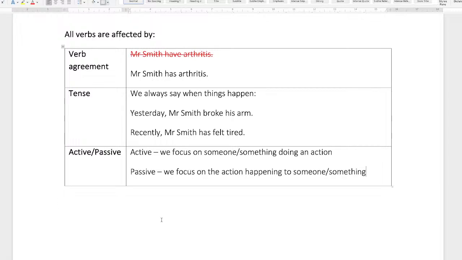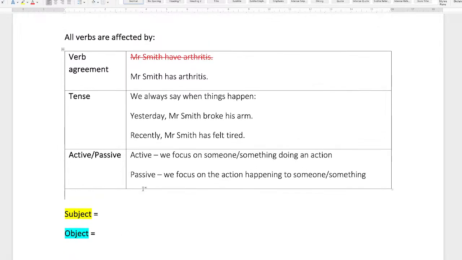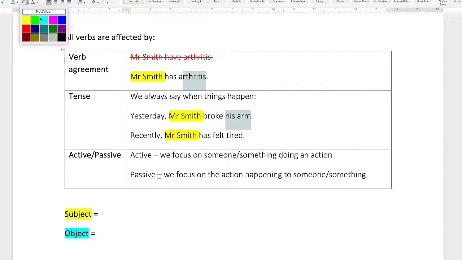So it's important for us to know the subject and the object. In all of these sentences, Mr. Smith is the subject. In this case, there is an object, "broke his arm." In this one, it's "arthritis." They are the receivers of the verb.